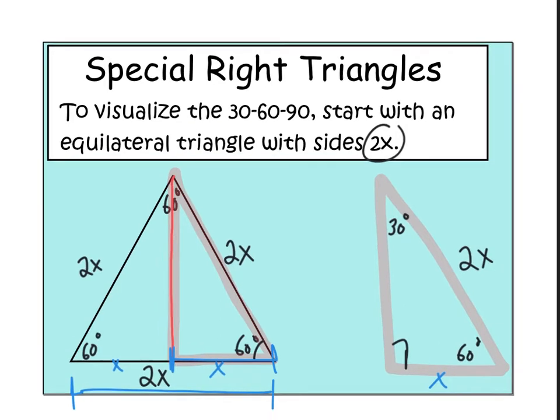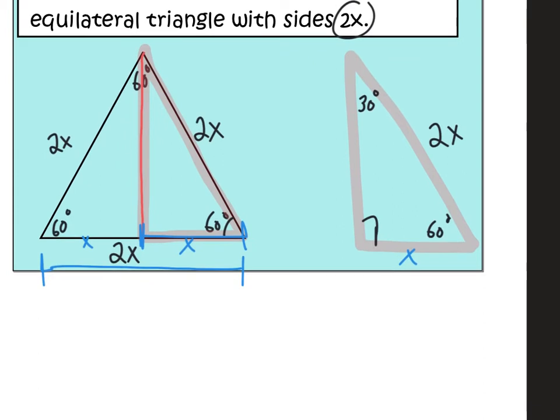Now I want to take a look at what this other third side length over here ends up equaling. To do that, we can use the Pythagorean theorem. Let's call this a, just so we can give it a name. Basically we have a squared plus x squared equals the hypotenuse, 2x, squared.